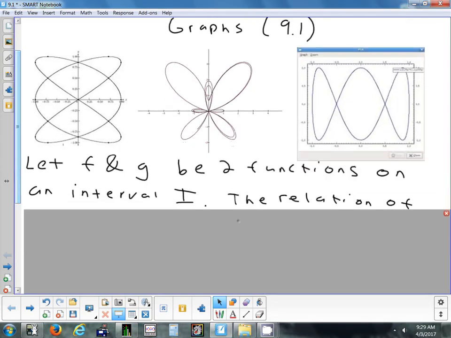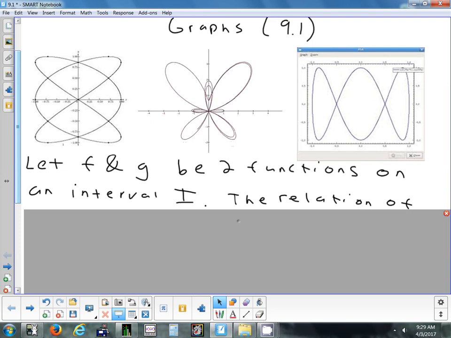So the first thing is the idea of what a parametric graph is and how you write one. If you want to write a parametric graph, you can't do it with just one equation. You need two separate functions.